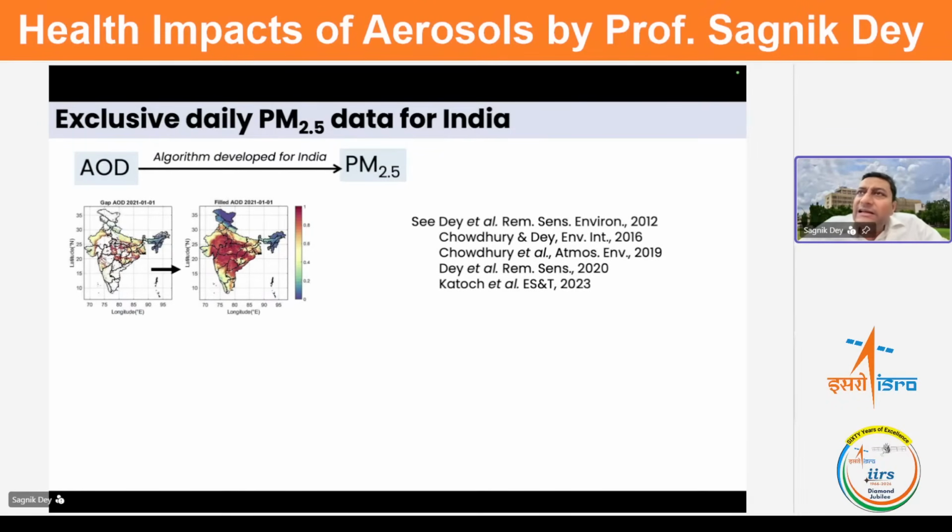Our group has specialized in generating air quality information using satellite data, and we have standardized the algorithms for India. We are doing a project for the Central Pollution Control Board, where we generated PM 2.5 surface concentrations for the country at a daily scale at 1 kilometer by 1 kilometer spatial resolution.